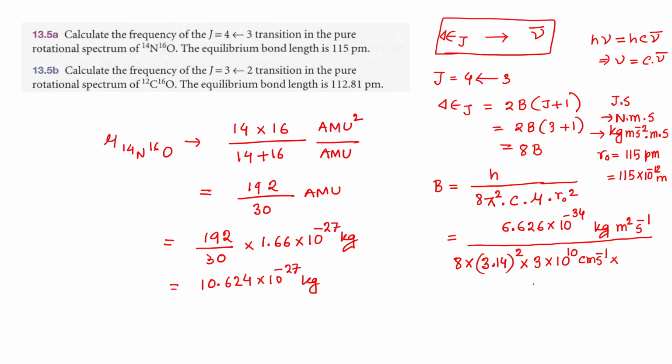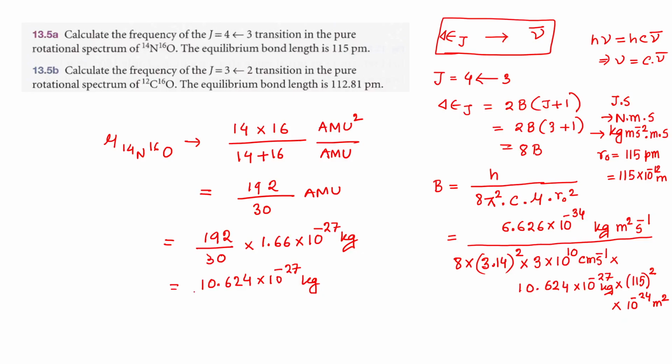And you put it here, 10.624 into 10 to the power minus 27 kilograms by 115 square and 10 to the power minus 24, because minus 12 and square of that is that, and meter square.